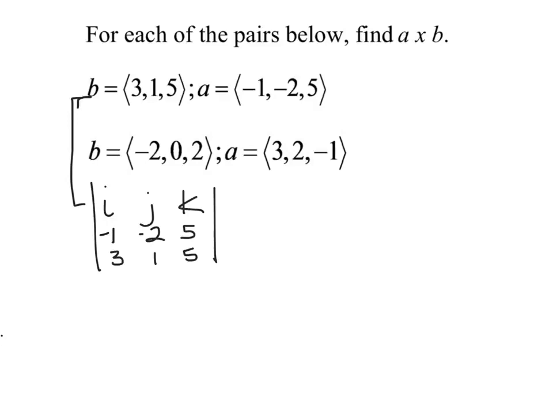And of course, we start with I. So when we do -10 minus 5, that kind of determinant, I'll just write that I, and then -10 minus 5. Remember, J is always subtracted. So we've got J, so we've got -5 minus 15.